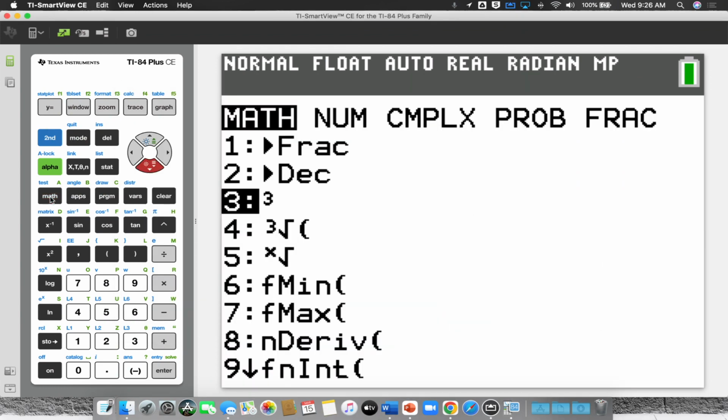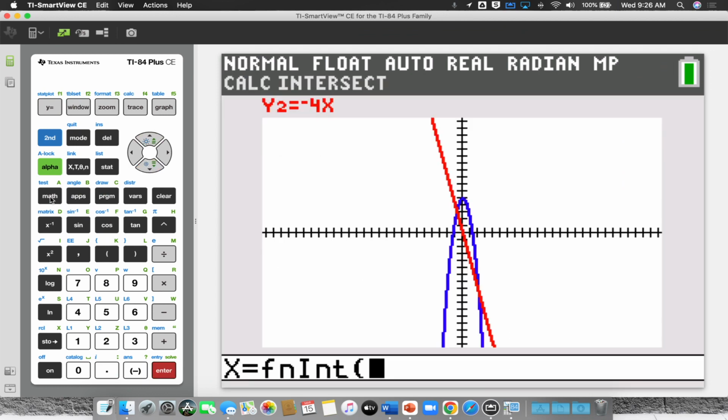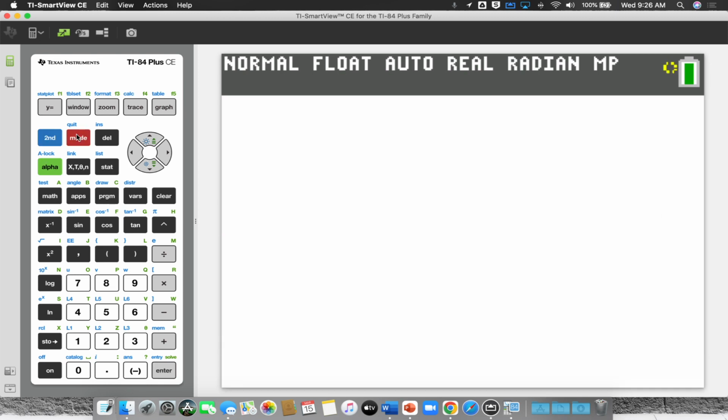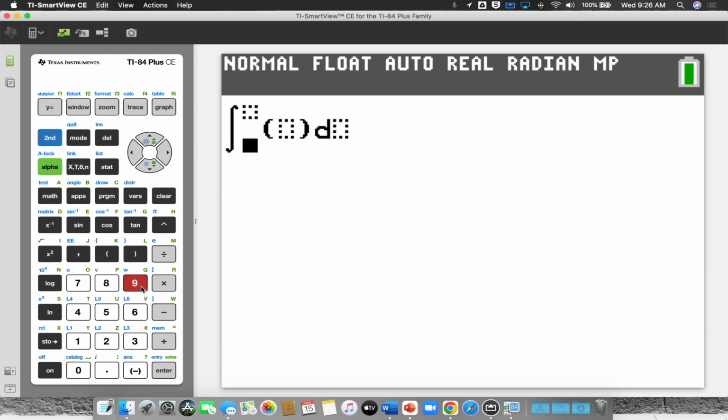So I go to math, number 9. Oops, nope, not there. Home screen, math. Negative 0.7863.